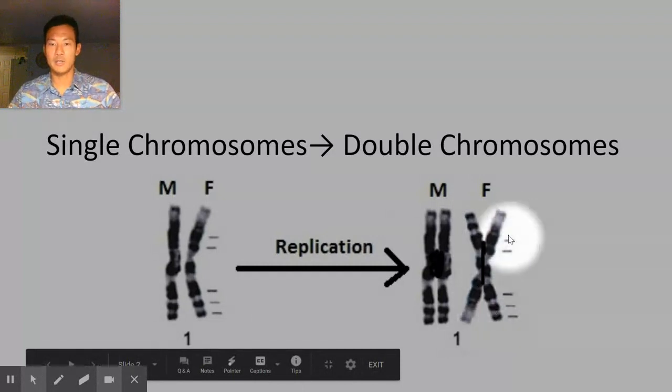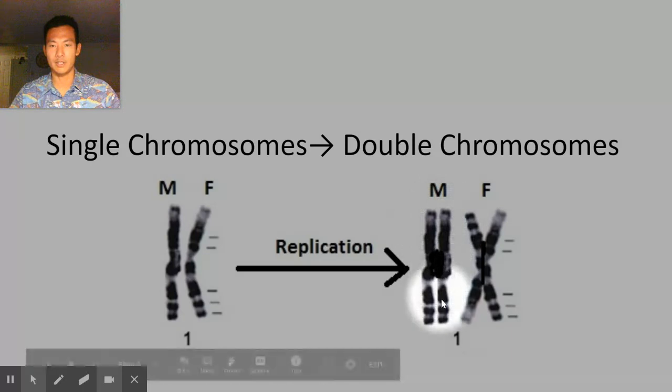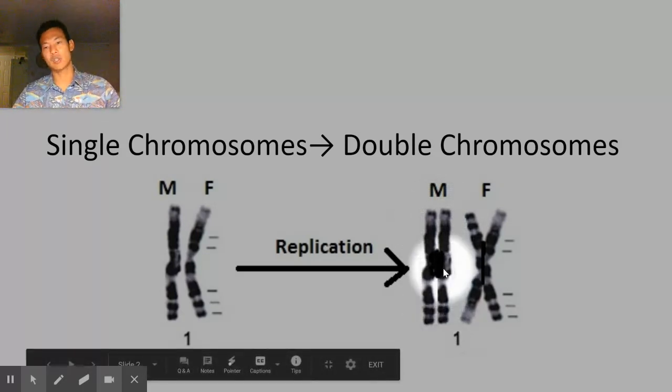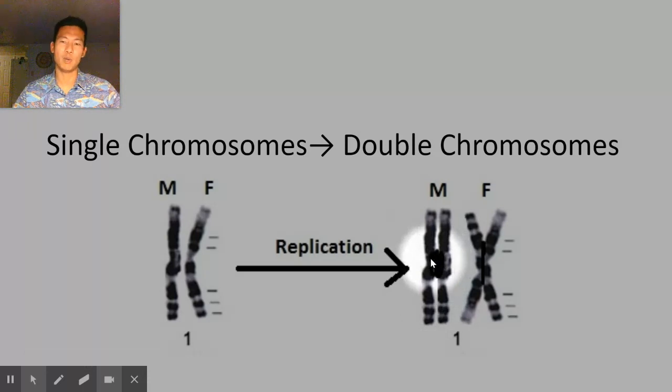Keep in mind that they're connected at the center, and this one will be identical to the one it replicated. Same thing with your mother's chromosome. They're connected at what's called the centromere. I'm not requiring you to know the name, but FYI.